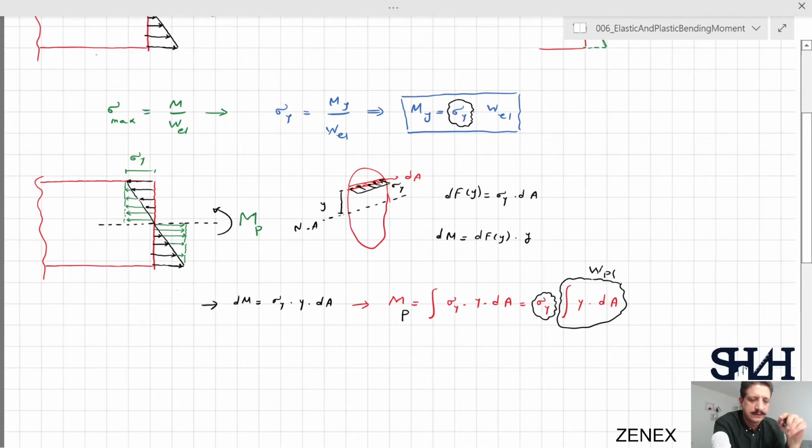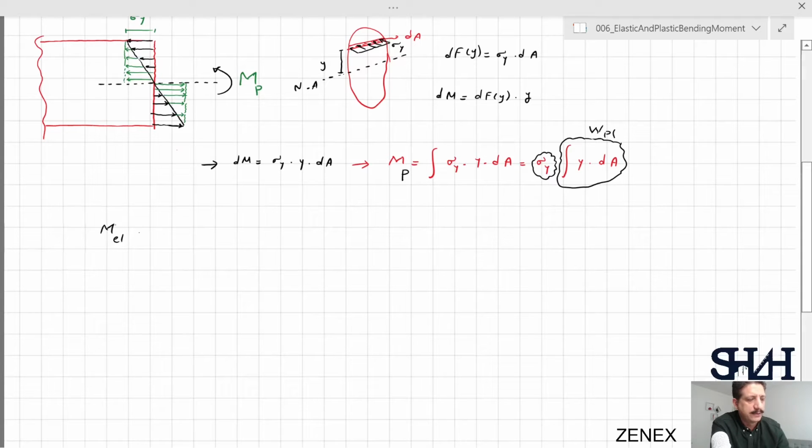So the difference is that in the elastic calculation, we need to calculate the moment of inertia and divide it by the furthest distance to the neutral axis. And in the plastic section modulus, we need to calculate the summation of distance times area of each fiber.